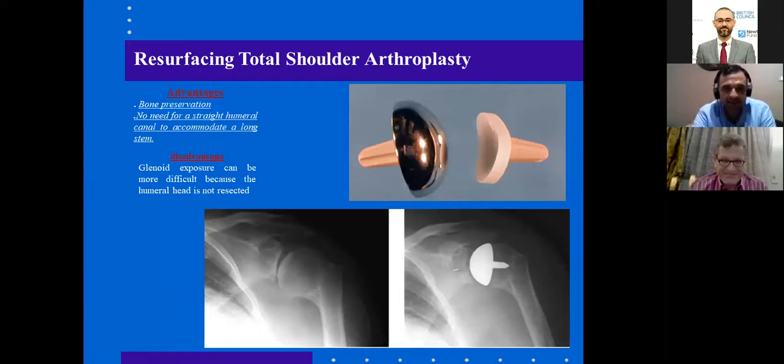So in this case, with a malunited proximal humerus and arthritic shoulder, it is difficult to introduce a traditional long stem. The resurfacing shoulder arthroplasty can solve this problem.